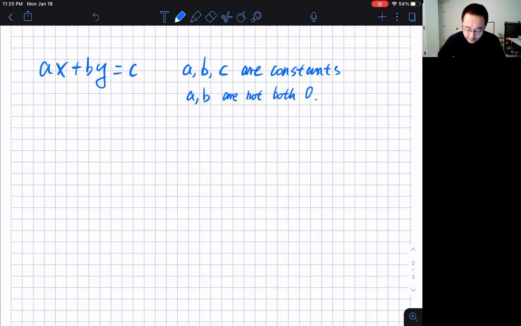Because otherwise you don't really have an equation, you just have a constant, which is c equals 0, okay? So this is called the standard form of an equation in two variables, okay?